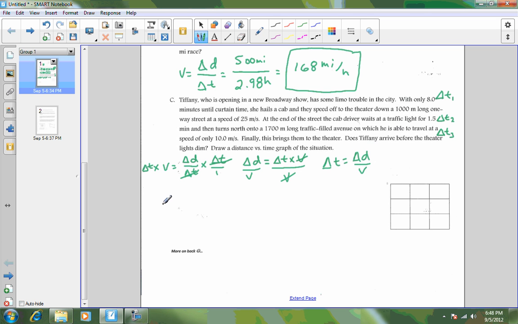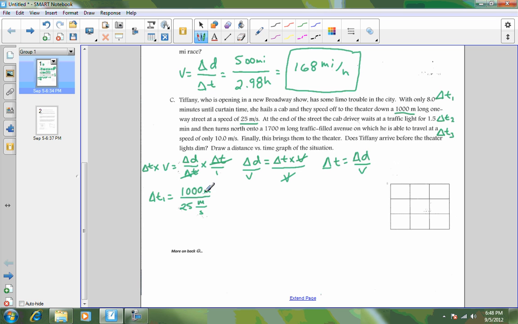All right, let's apply this to each of our time situations. For the change in time number 1, Tiffany is traveling 1,000 meters at 25 meters per second. So our change in distance is 1,000 meters. And our velocity is 25 meters per second.